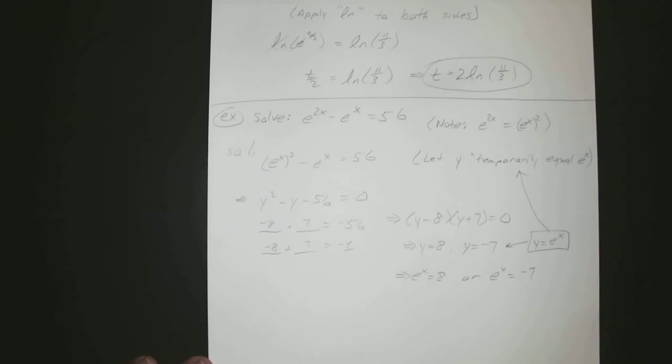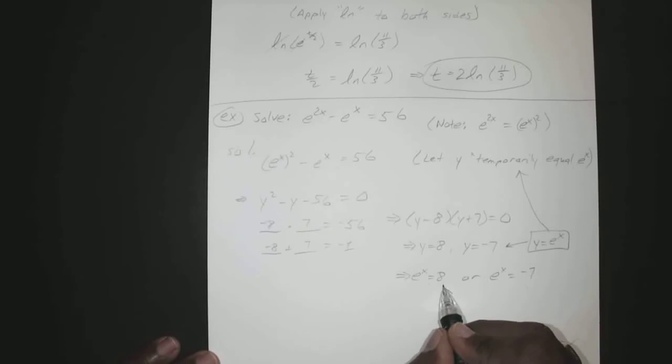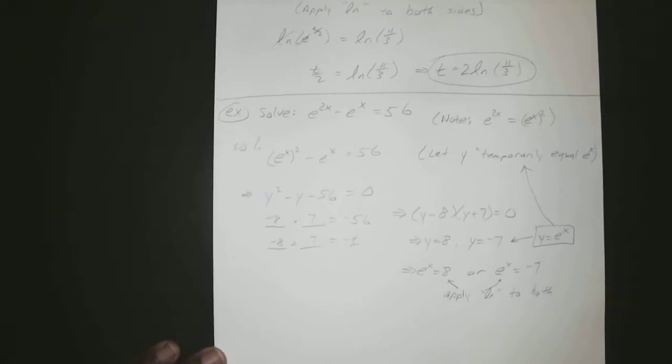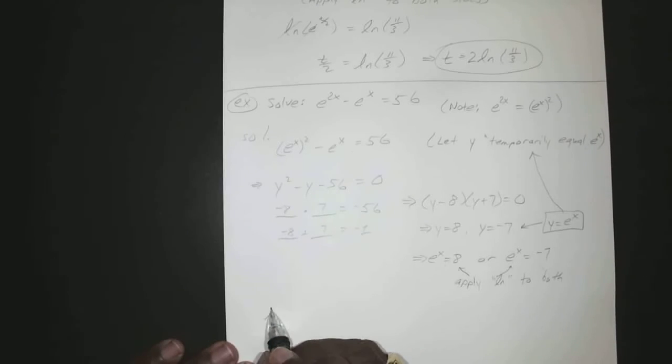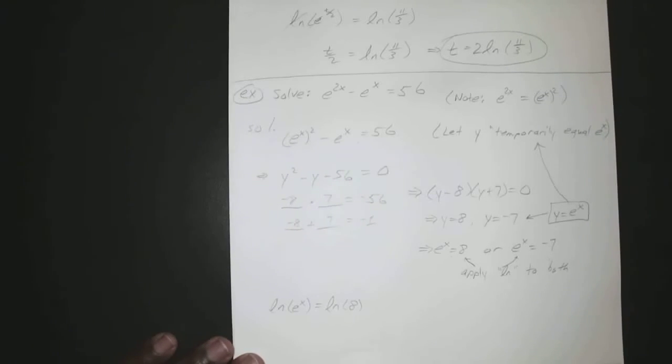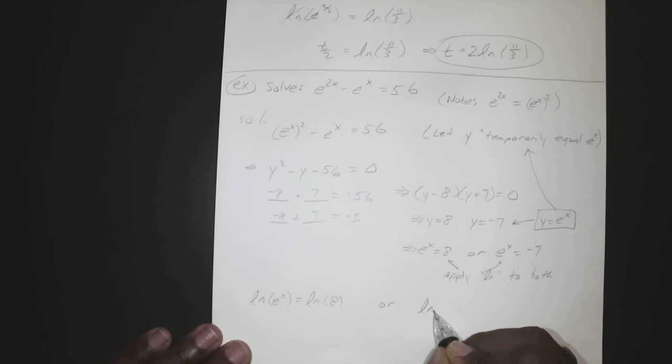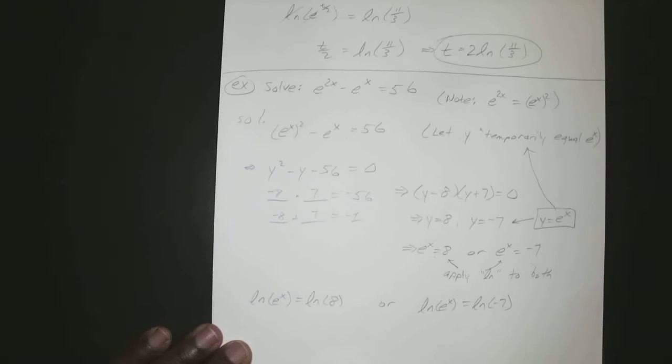So we'll apply natural log to both of them. Okay, so if we have the natural log of e to the x equals the natural log of 8, or natural log of e to the x equals the natural log of -7.